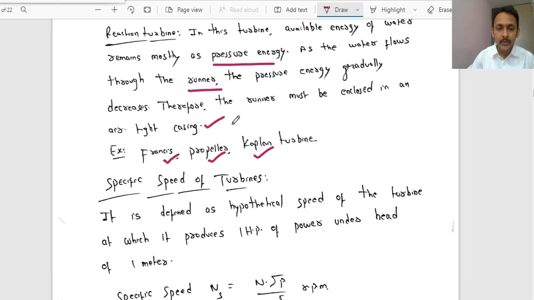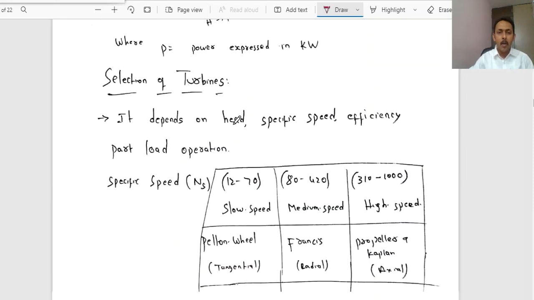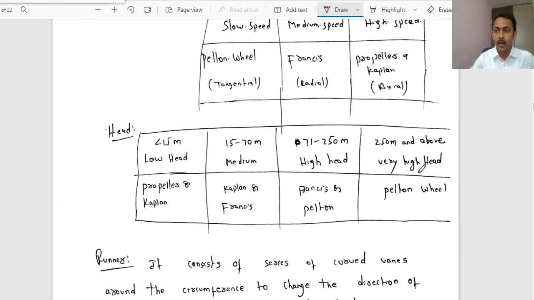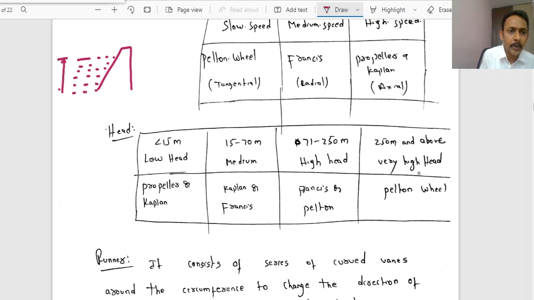Another classification can also be given depending upon the head. Depending upon the head, in the dam, at what height the water is stored, the head of the water is maintained. If it is less than 15 meters, such kind of plants are called low head plants.